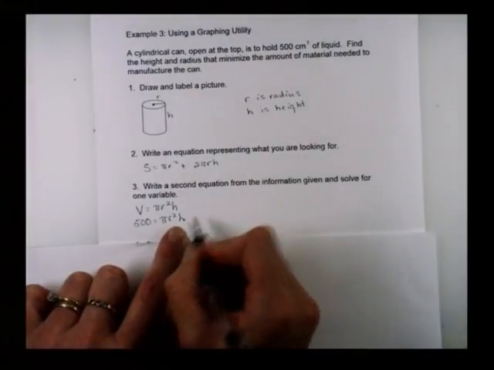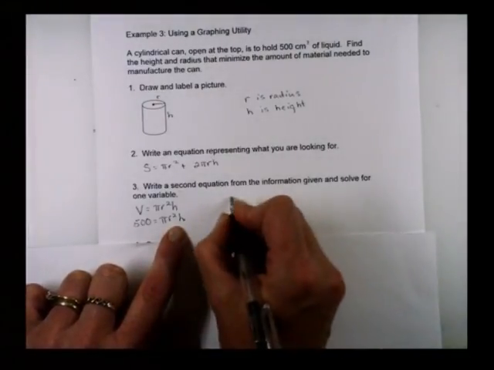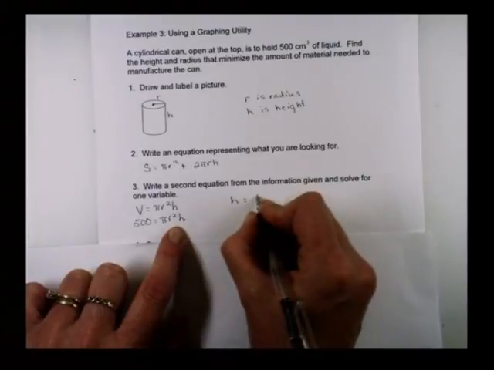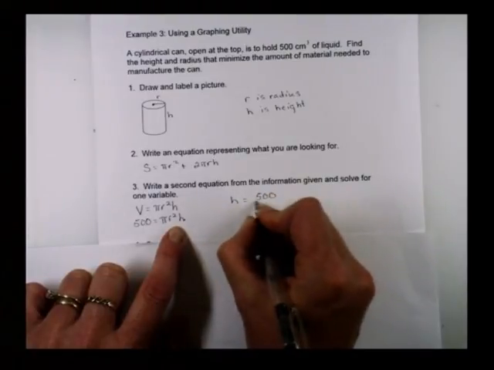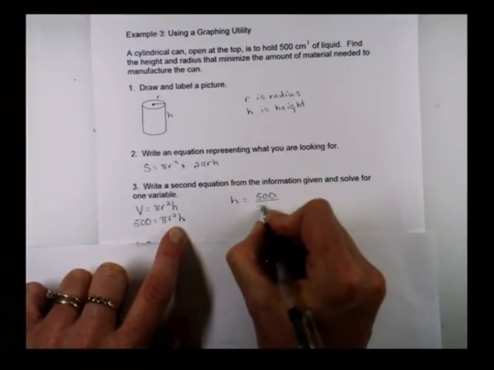And then we need to go ahead and solve it for one of the variables. I'm going to solve for h since it's not to any power. It'll be easier. H is equal to 500 divided by pi r squared. All right, step 4. Combine those two equations again.